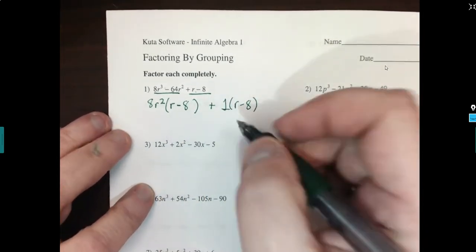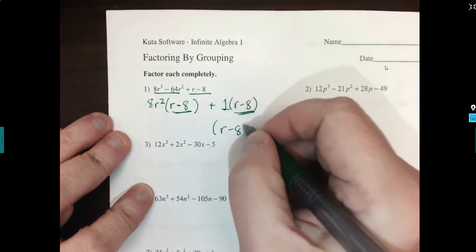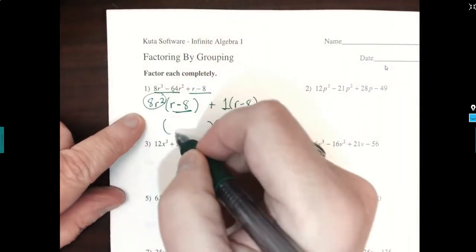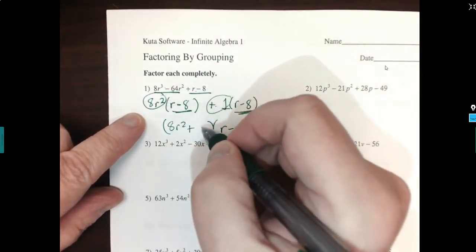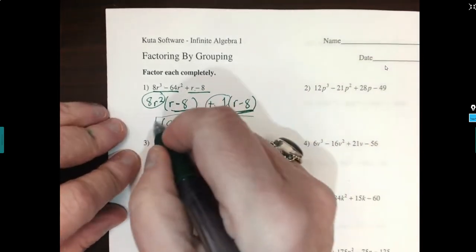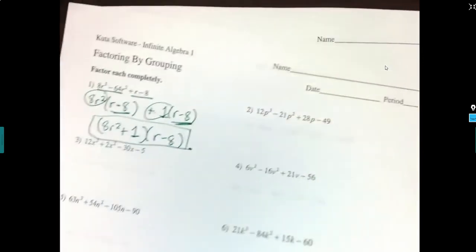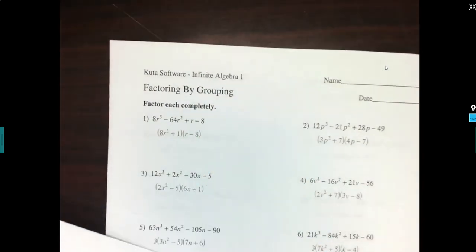Now, what do these have in common? They have an r minus 8 in common, so I can factor it out. And what am I going to be left with here? Well, I'm going to have 8r squared plus 1. And that's how factoring by grouping works.